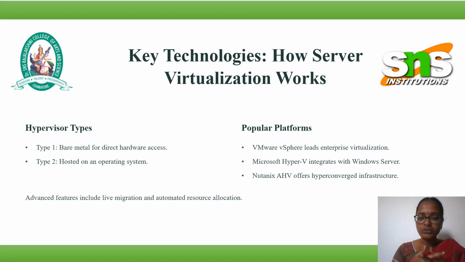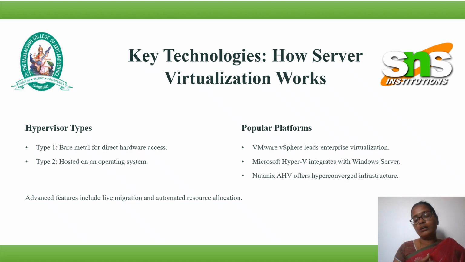If you want to connect using a hosted operating system, we go for type 2. If a system is hosted with Windows, and with the help of that Windows we perform any kind of task, that's called a type 2 hypervisor.